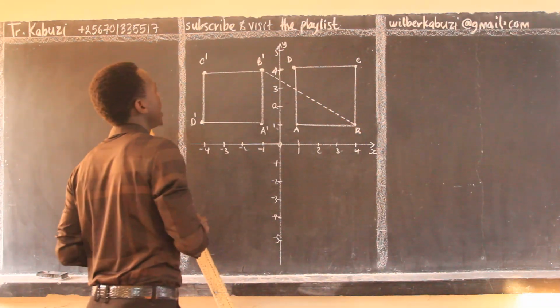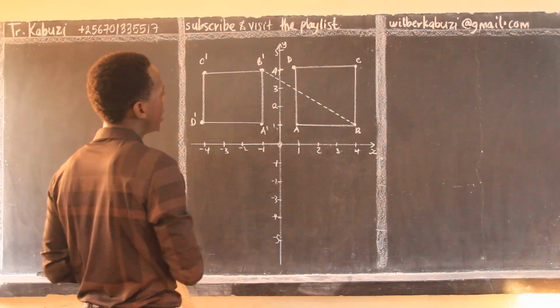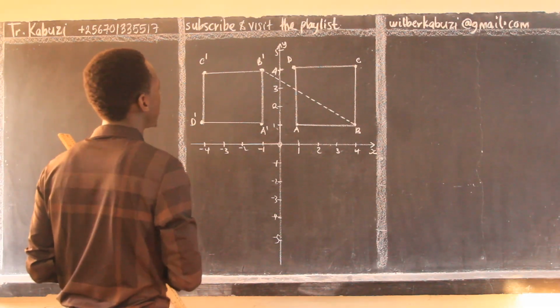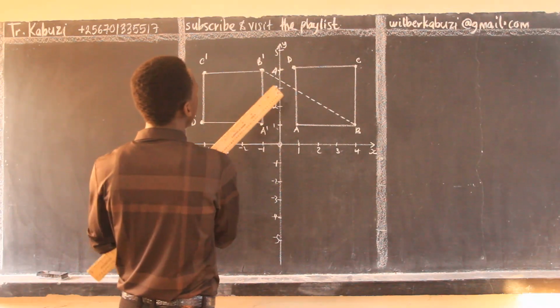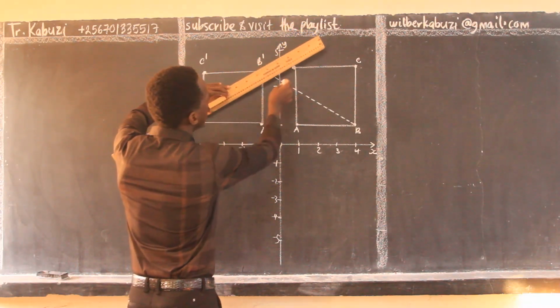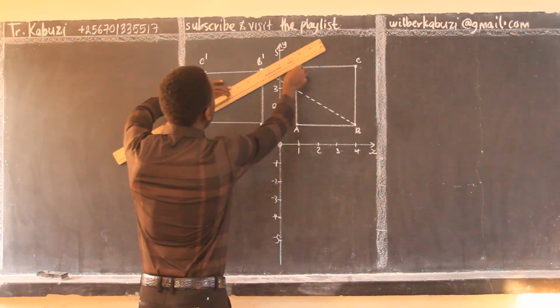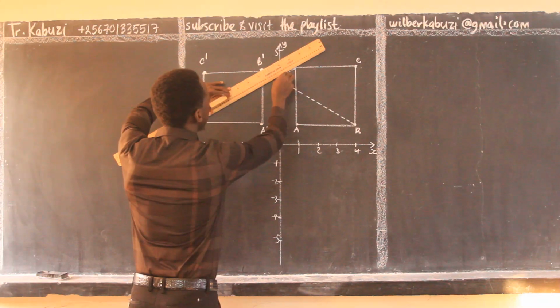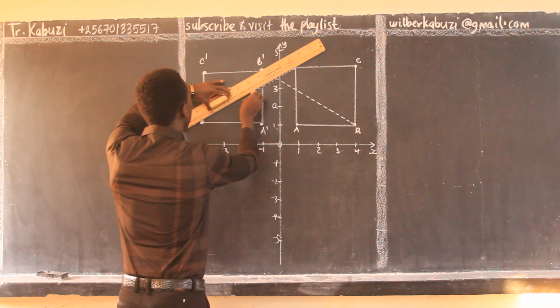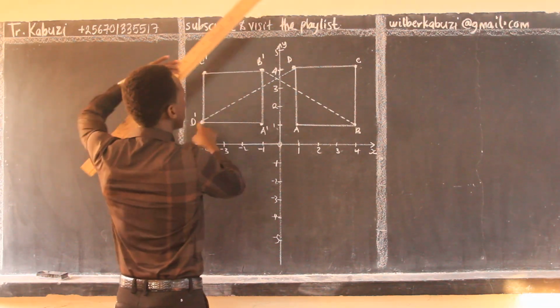Then I join it to its corresponding coordinates. Then I can also join D to D prime, in that order. Now this is D to D prime.